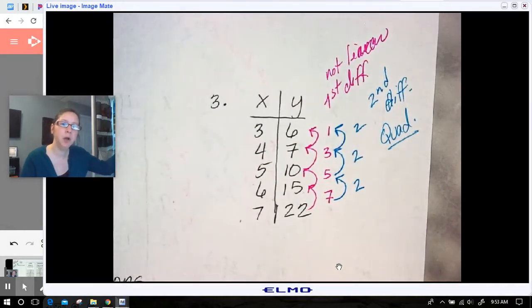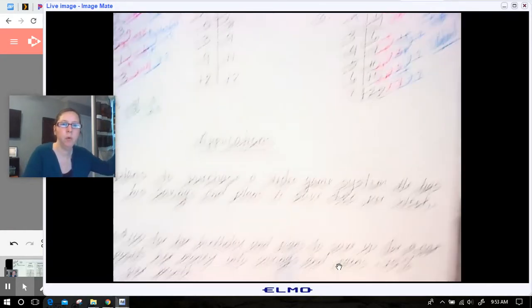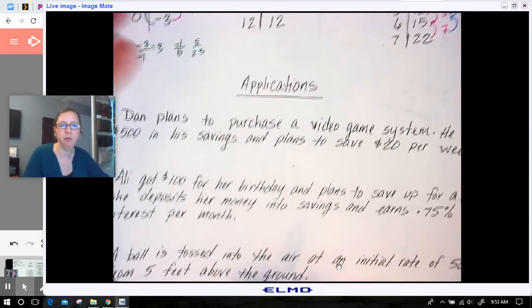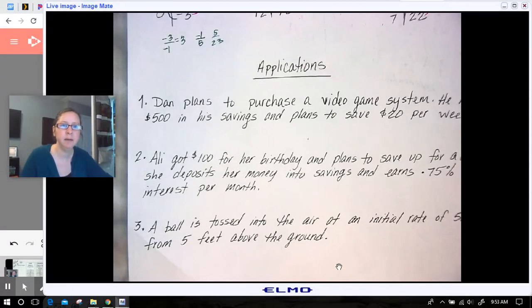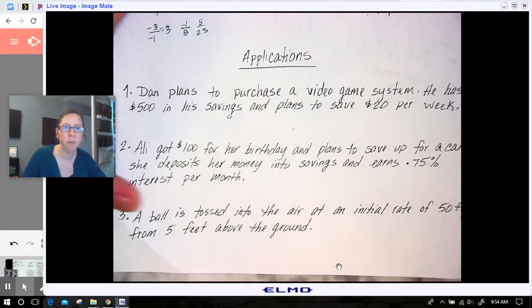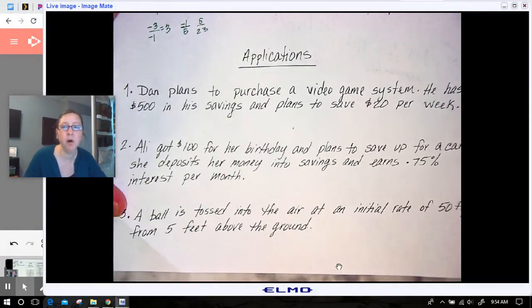Now, I don't have any notes for what to look for in an application, but let's take a look at some applications anyway, because we've seen applications of these all year long, so we should still have an idea of what we're looking for.